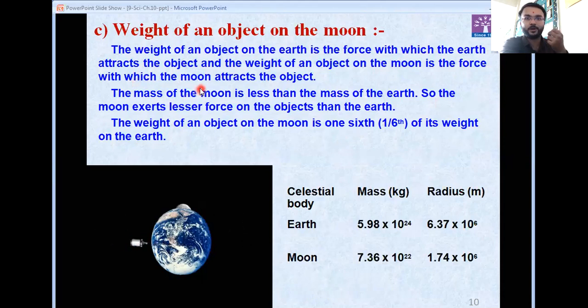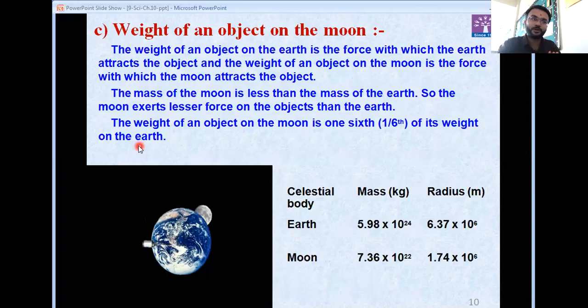Definitely the moon is smaller than the earth, so its gravitational force is also less than earth's, right? The mass of the moon is less than the mass of the earth, so the moon exerts lesser force on objects than the earth. The weight of an object on the moon will be 1/6 of its weight on the earth. If we compare the weight on earth and the weight of the same object on the moon, then the weight of that particular object will be 1/6 of the weight on earth.